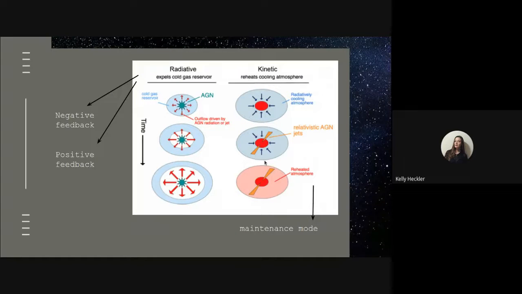The AGN feedback can be separated into modes, the radiative mode and the kinetic mode. During the radiative mode, the feedback signature is observed in the form of winds or outflows and through radiation emission, which only occurs in high luminosity AGN.